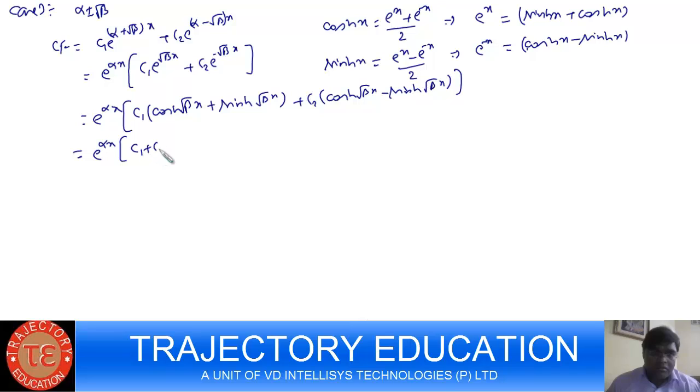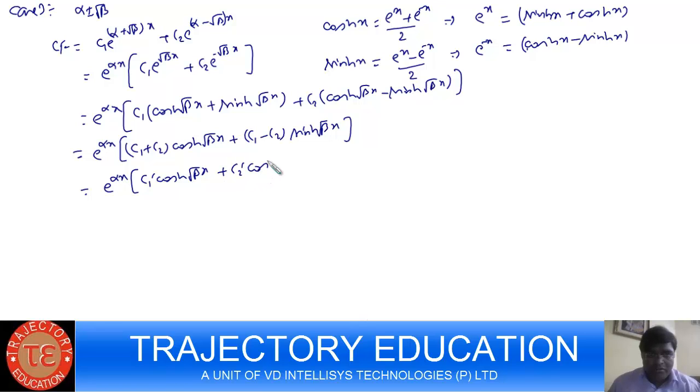So it's nothing but e to the power alpha x times c1 plus c2 cosh root beta x and c1 minus c2 sinh root beta x. So I can write this as e to the power alpha x times c1 dash cosh root beta x plus c2 dash sinh root beta x. This is the complementary function, right?